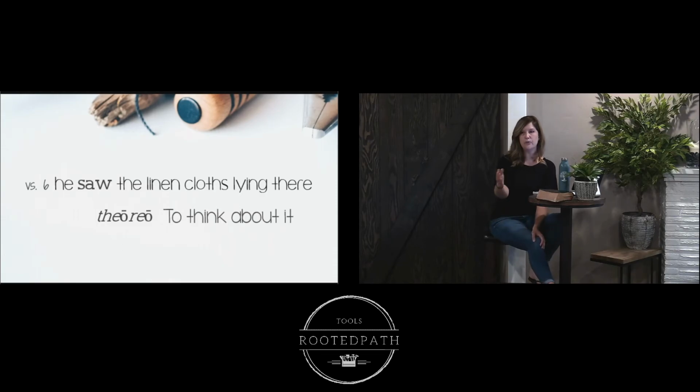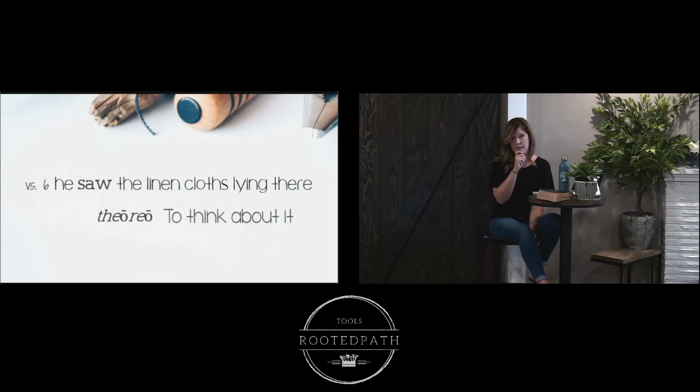Okay? So in the first "saw," John looks into the tomb, and it says he sees it. He's just looking in, right? He's looking in the tomb. He sees the linen cloths. That's as far as it mentally goes for him until Peter beelines past him, goes into the tomb. He also sees the linen cloths, but he's really thinking about it.